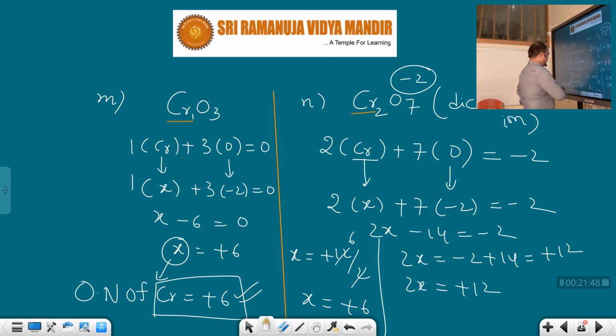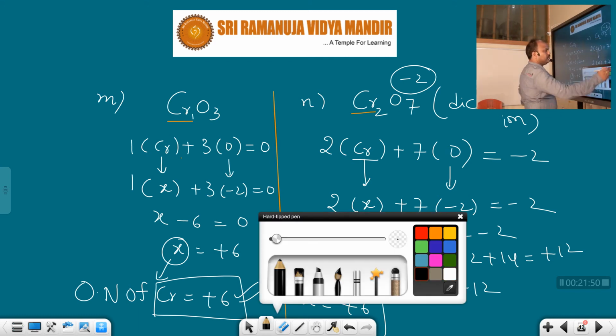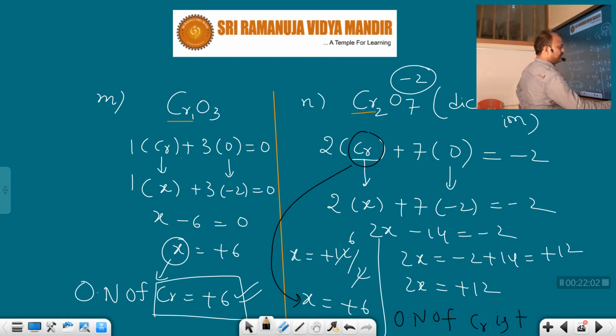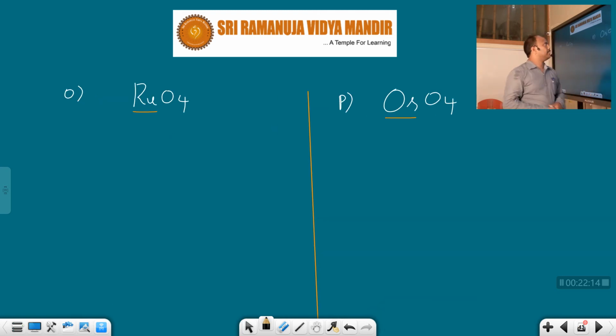X is nothing but chromium. So the oxidation number of chromium in the dichromate ion is plus 6. This is the way to solve the oxidation number of an element in the given compounds.